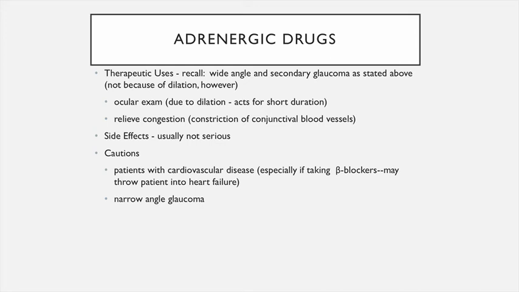The side effects are not problematic because they are given topically and they're shorter lived than the anticholinergic ones we just discussed. But again, you've got to think a little bit about people who are high risk and you really don't want to give them an adrenergic stimulant. And again, be cautious with narrow angle glaucoma.